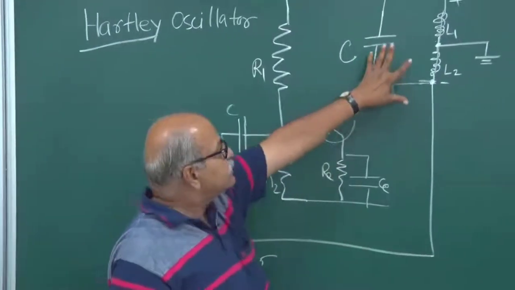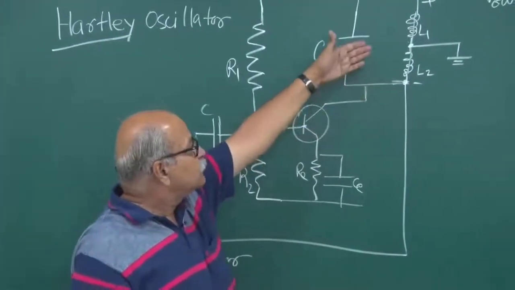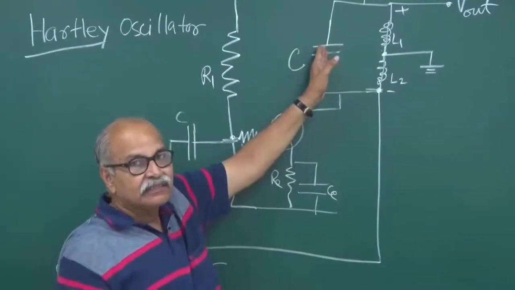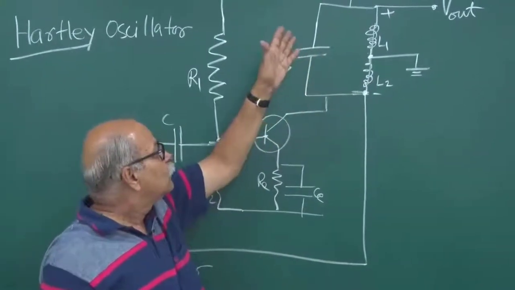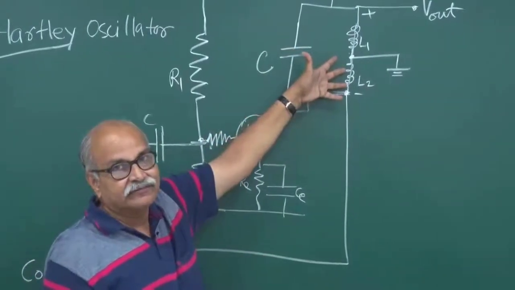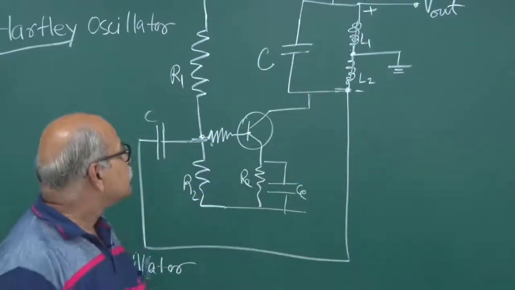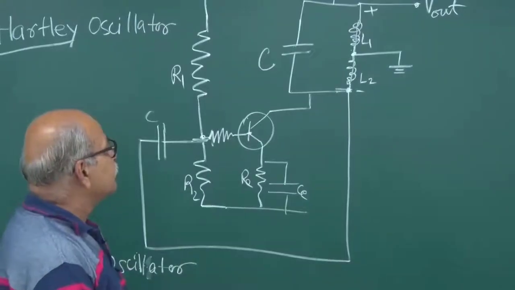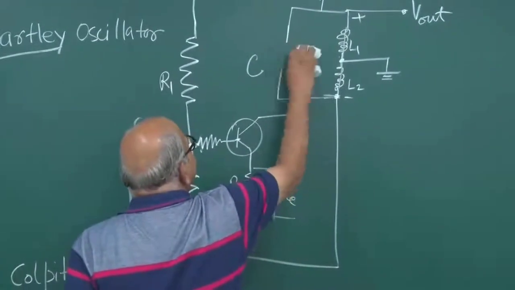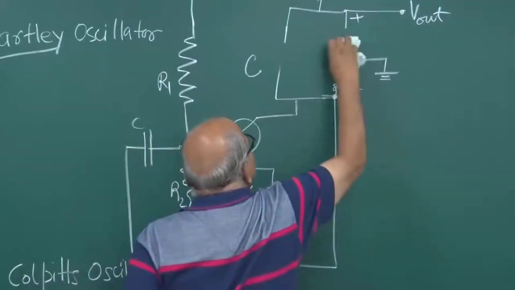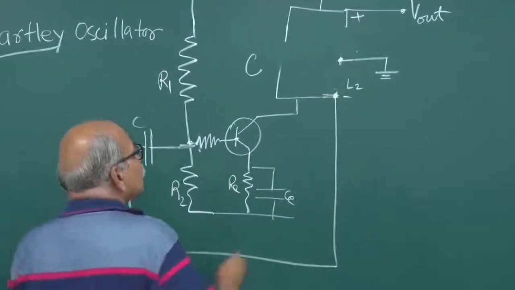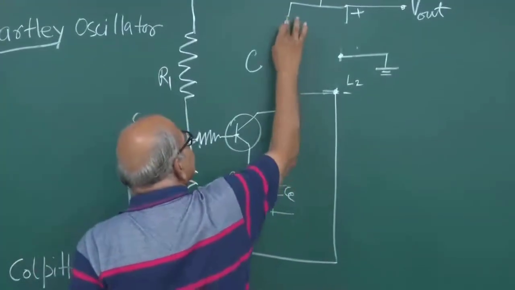The only difference is that instead of two inductors and one capacitor, this circuit will have one inductor and two capacitors. So I can just modify this design itself. You will have an inductor here, and you will have two capacitors here.